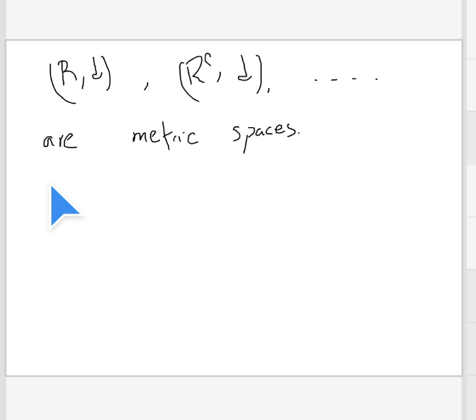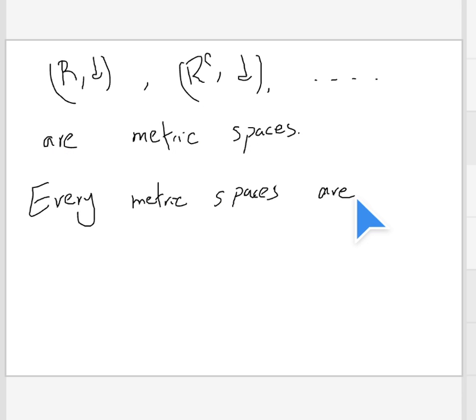Every metric space is a topological space.